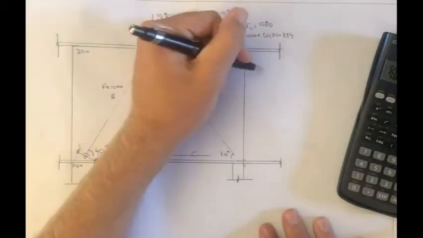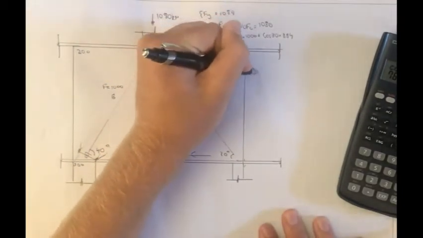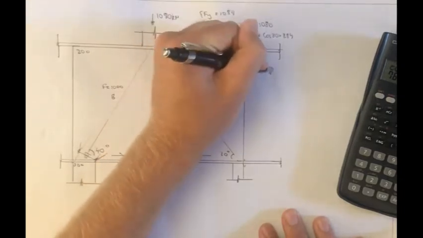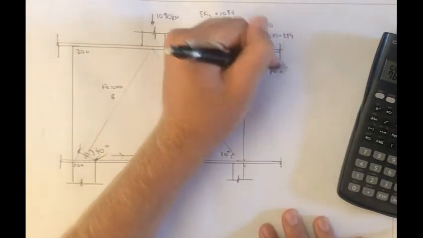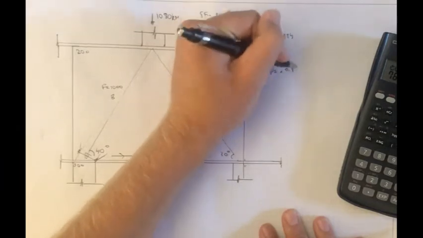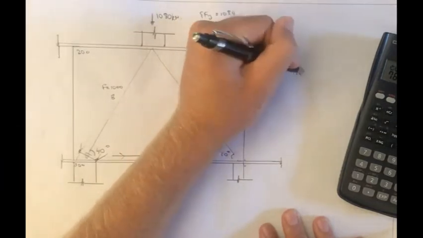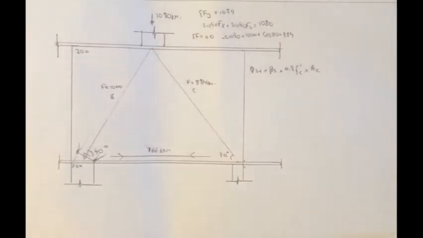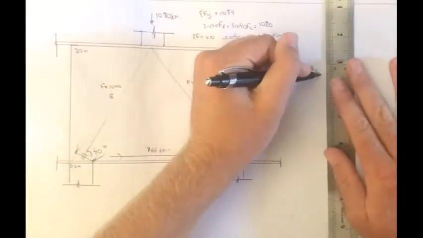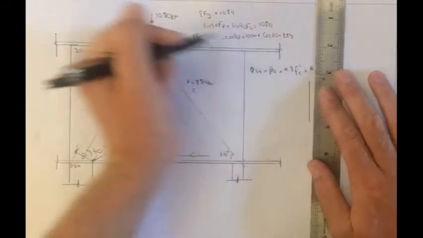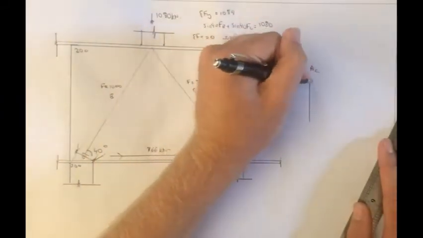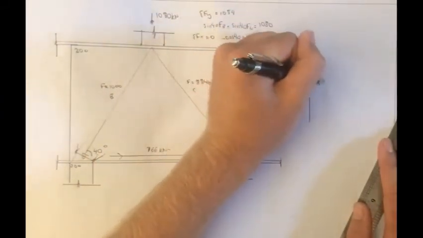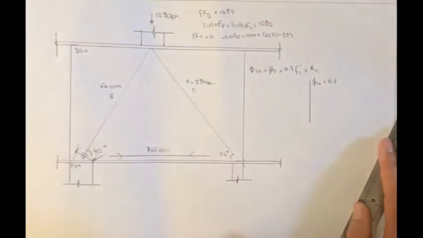So the equation, as in the code, is psi St times beta S times 0.9 f'c times Ac. So here the capacity factor equals 0.6. You can look that up and find that in the code.